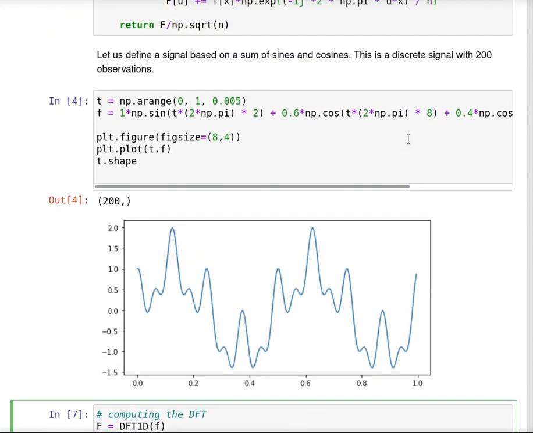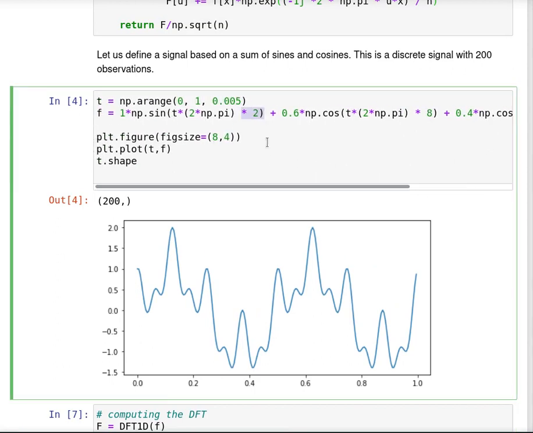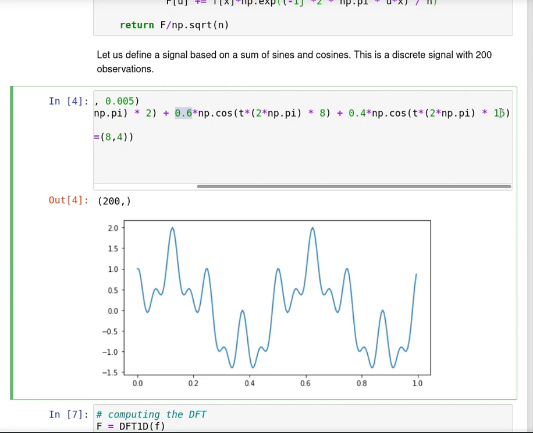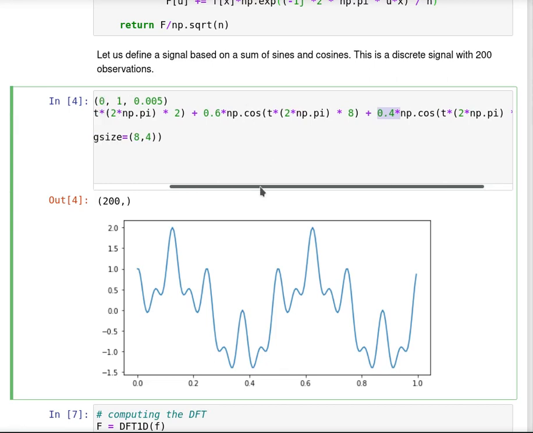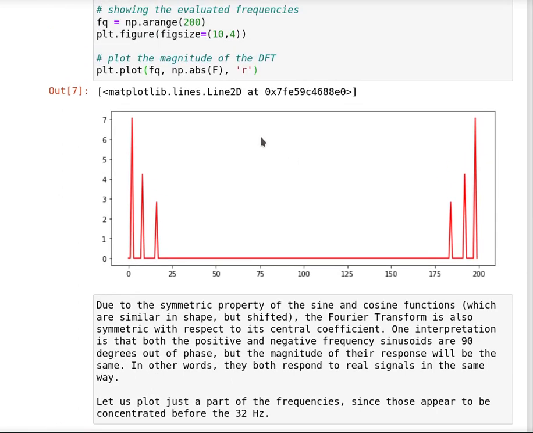And if we see the frequencies that were used to compose this signal, those frequencies are 2 with coefficient 1, 8 with coefficient 0.6, and 16 with coefficient or amplitude 0.4. So you just have 2, 8, and 16. But what appears here are much higher frequencies. What is happening here?